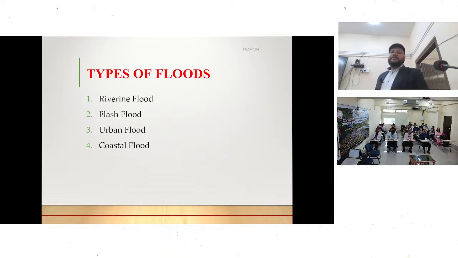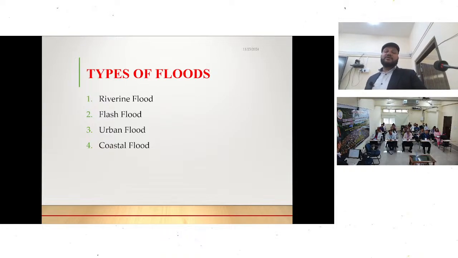So these are different types of flood, what kind of flood occurs. Riverine flood, that is caused by a river. Flash flood, nowadays due to climate change and other things, this is very prevalent, flash flood, which causes very severe erosion, especially in the hilly regions.